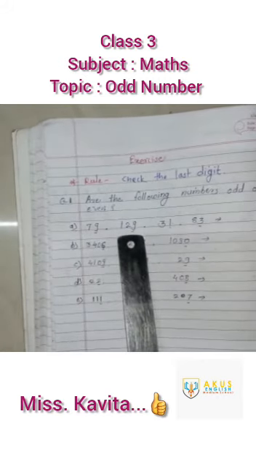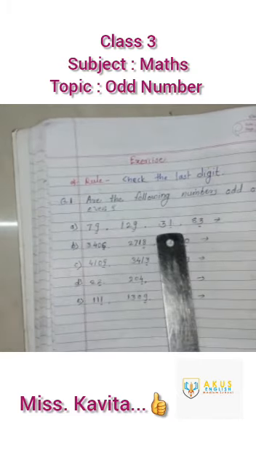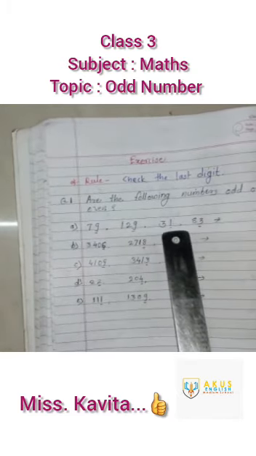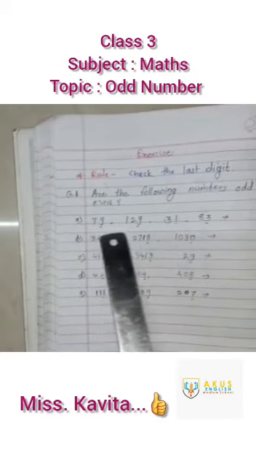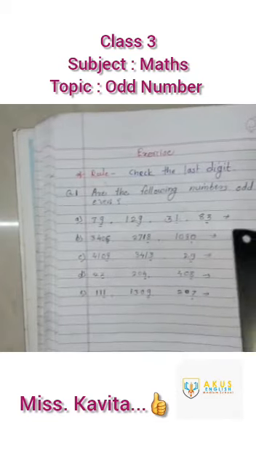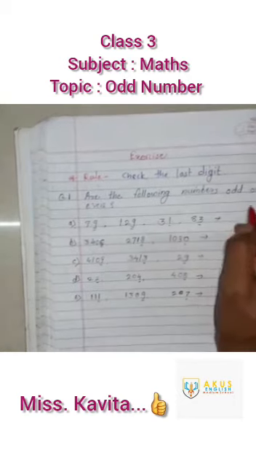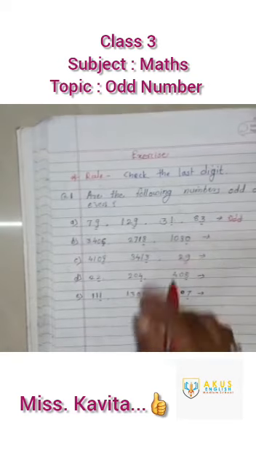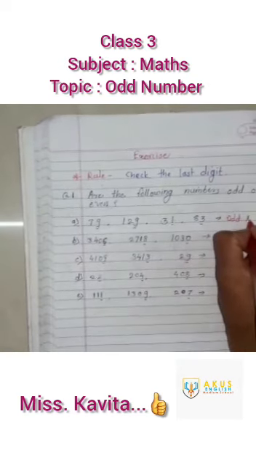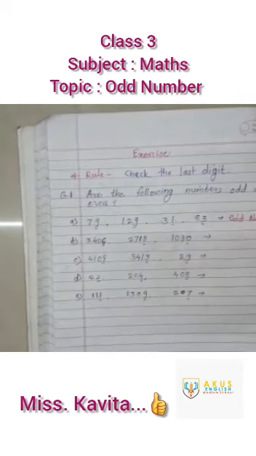This is also an odd number, there is a 9 at the ones place. This is also an odd number, there is a 1 at the ones place. So this group of numbers is odd. So we can put here odd number.